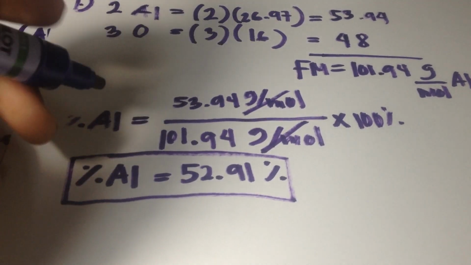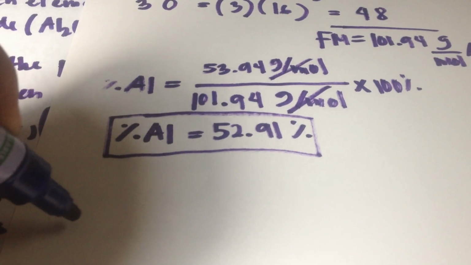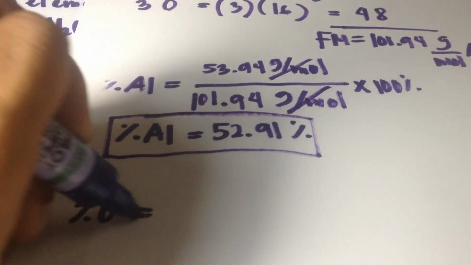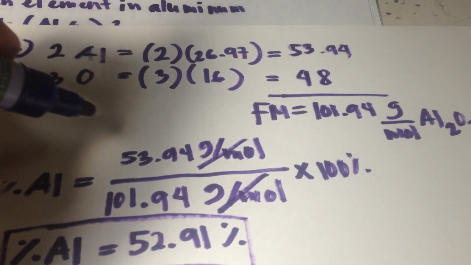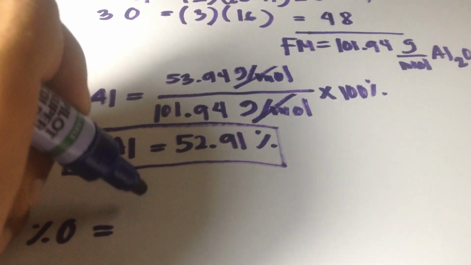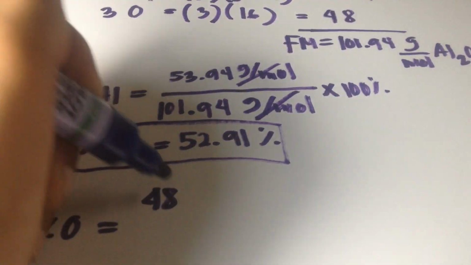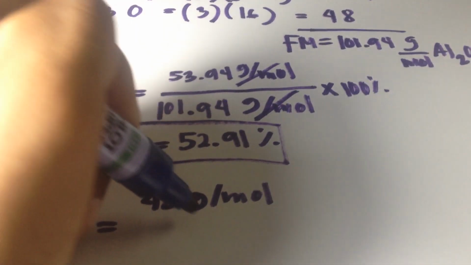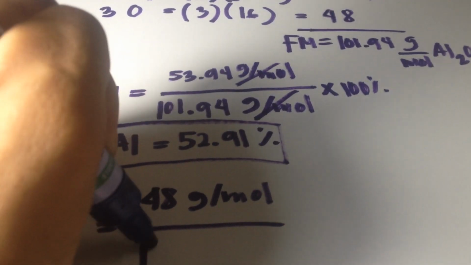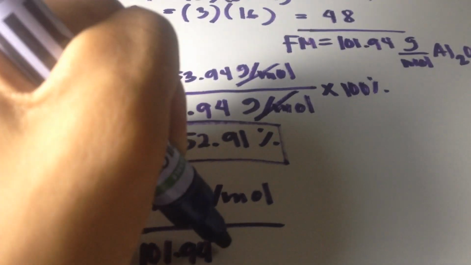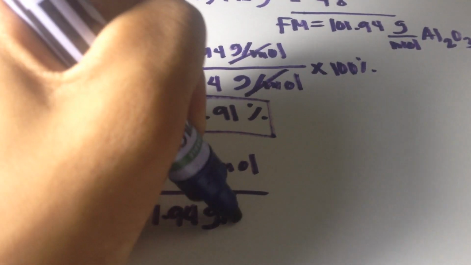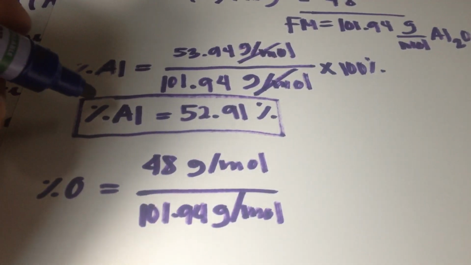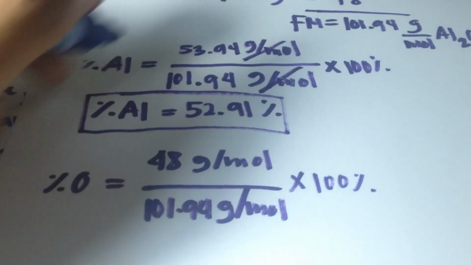And how about percent of oxygen? Percent of O is equal to 48 grams per mole over 101.94 grams per mole, times 100%.